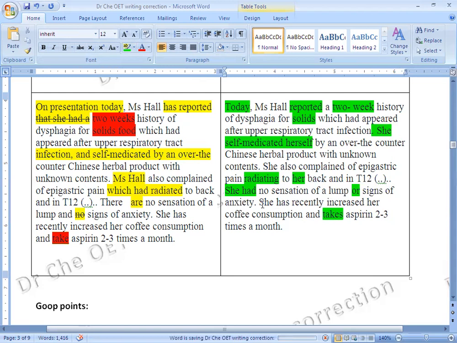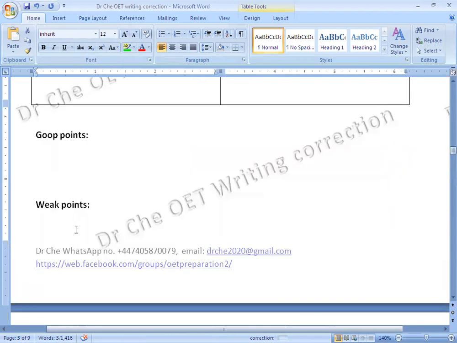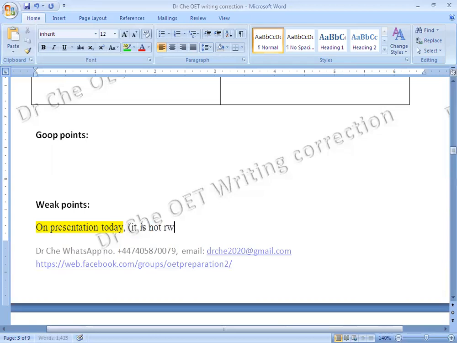Our subject is singular, so we should use takes here. It is okay, as she is having epigastric pain. So with this, I will then show you my model answer so that you can improve. Here it is not wrong, but it would be better to only use today.